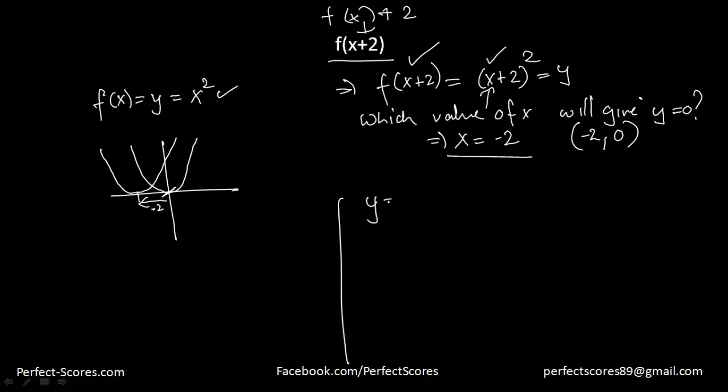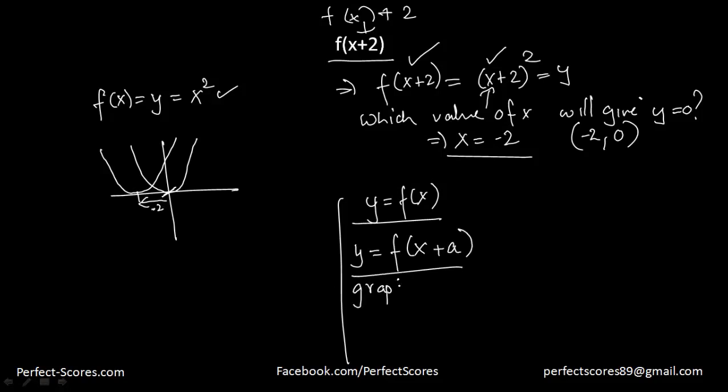So if y is equal to f(x) is one graph, and another graph is y equal to f(x + a), in this case the graph will shift to the left by a units.